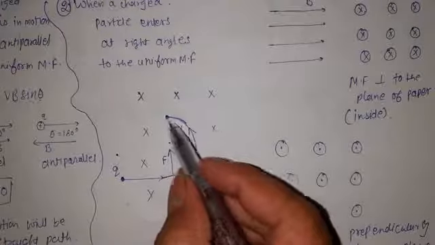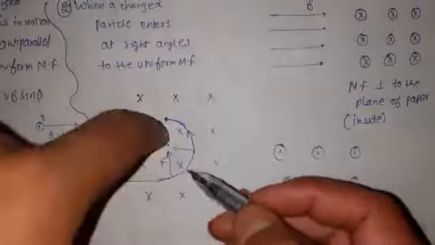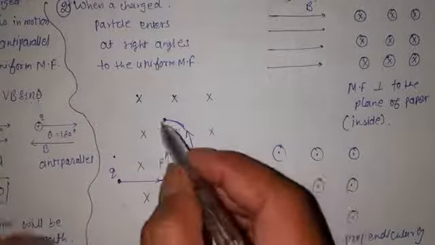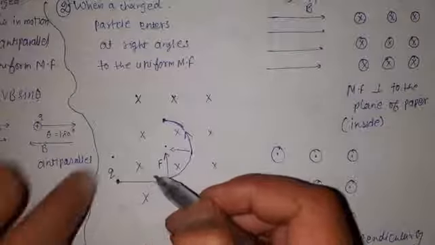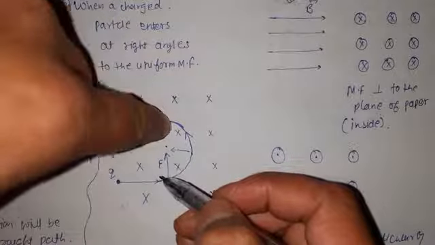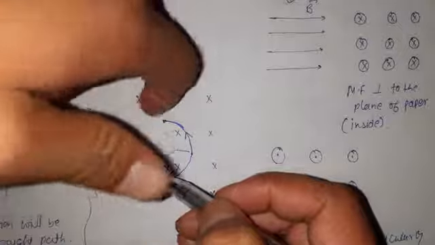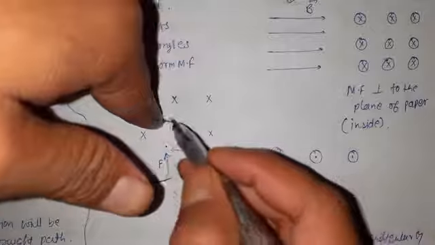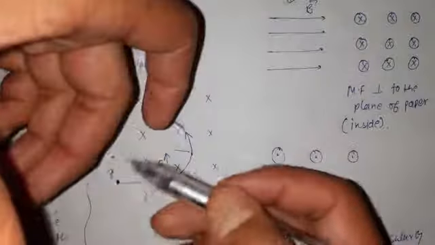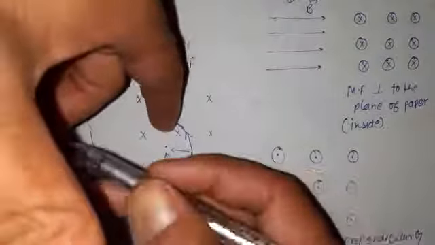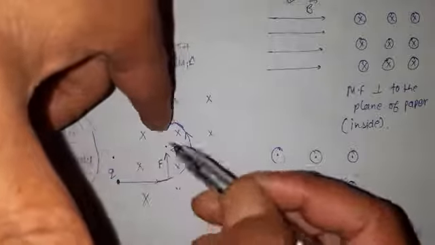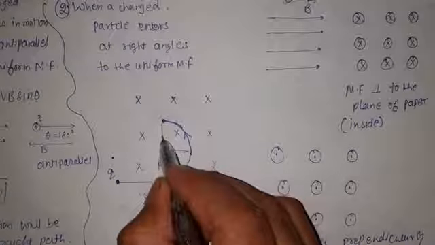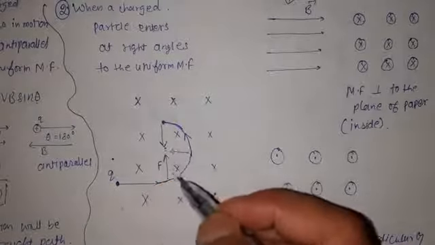Now at this point the charge is going toward the left side and the magnetic field is downward, so what will be the direction of the force according to Fleming's left hand rule? The forefinger is in the direction of the magnetic field, downward. The central finger is in the direction of motion of the positive charge, therefore this force is indicating toward the center.